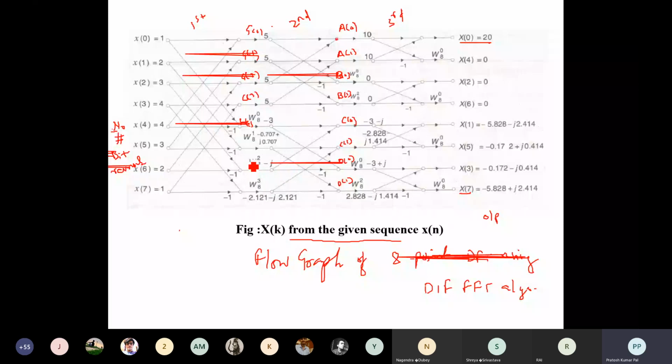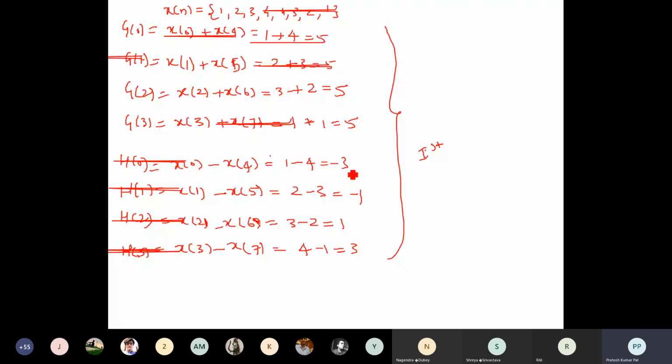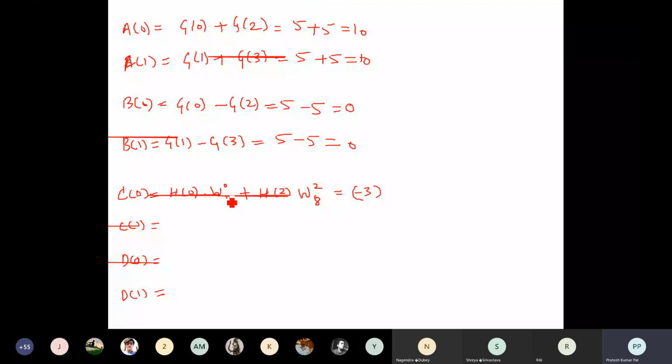Here h of 0 is minus 3 and h of 2 is 1. So minus 3 multiplied by W8 0, which is 1, plus h of 2, which is 1, multiplied by W8 2. W8 2 is equal to minus j, so it will be minus 3 minus j. So this will be the value. Similarly, we can find out all other values.